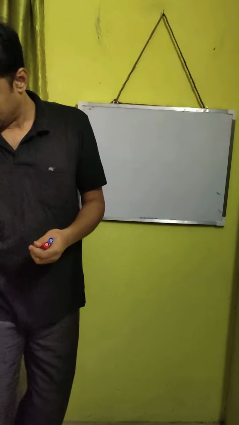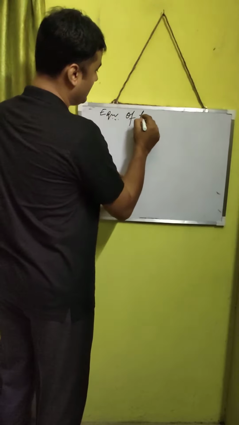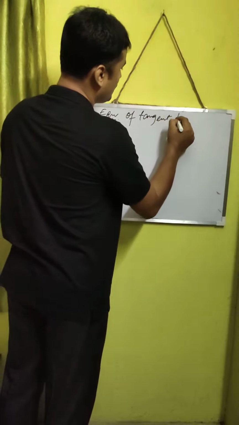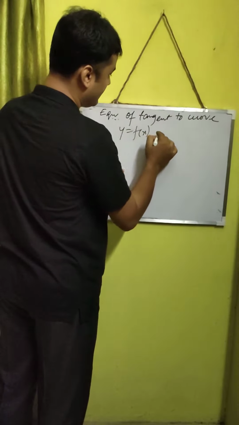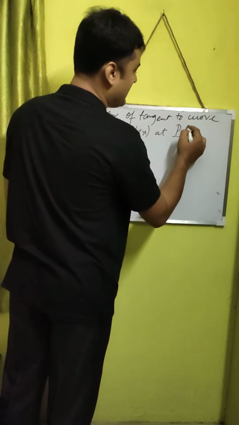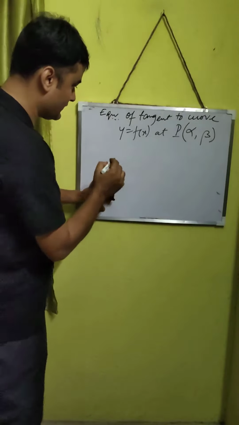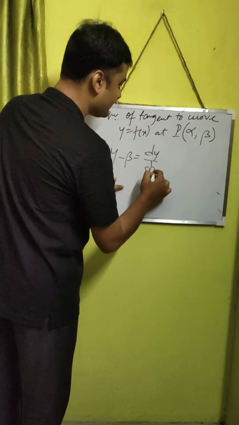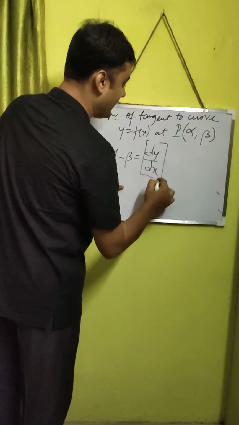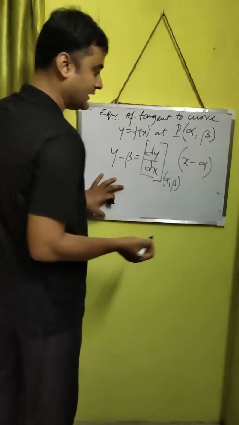The equation of the tangent to the curve y equal to f(x) at, say, P (alpha, beta) is given by Y minus beta equal to dy/dx at (alpha, beta) into X minus alpha.